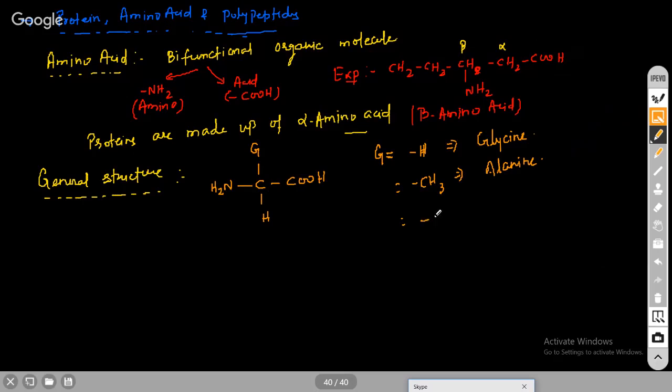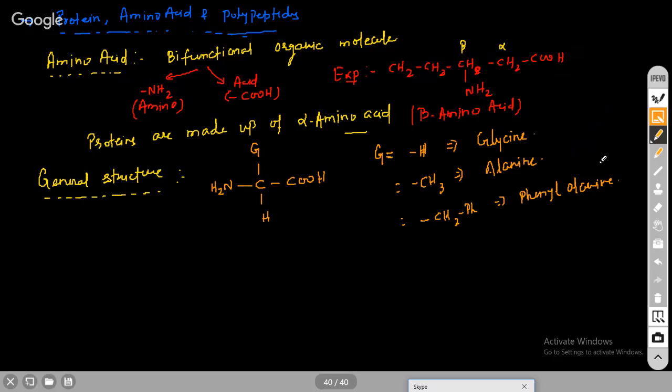If G is this group, CH2 with one phenyl group attached with it, then this is phenylalanine. One hydrogen is replaced by what? Phenyl group. So it is phenylalanine. Correct?